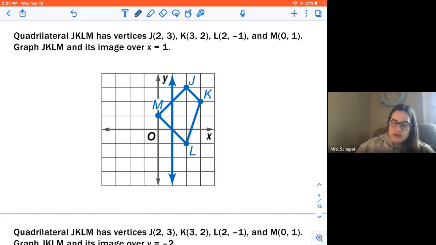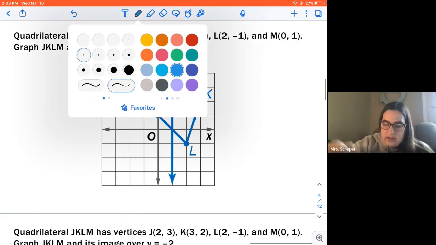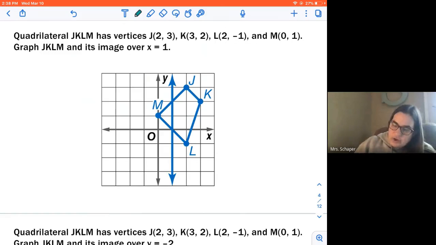All right, quadrilateral JKLM has the vertices. Graph the image. Well, we have the pre-image. We want to graph the image, okay? So I'm going to change to green. All right. So if I'm reflecting it over x equals 1, so we drew in x equals 1. So when I do this, M is one space to the left of it, so M prime is going to be one step to the right of it.